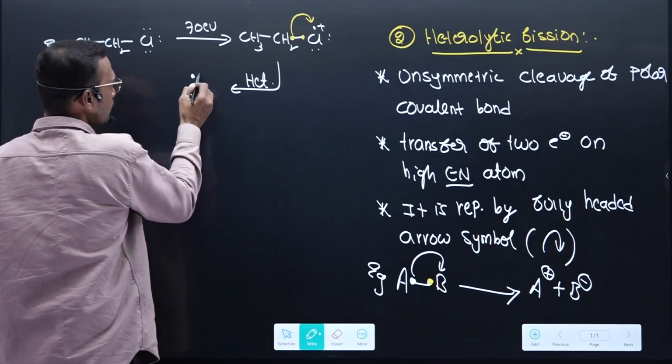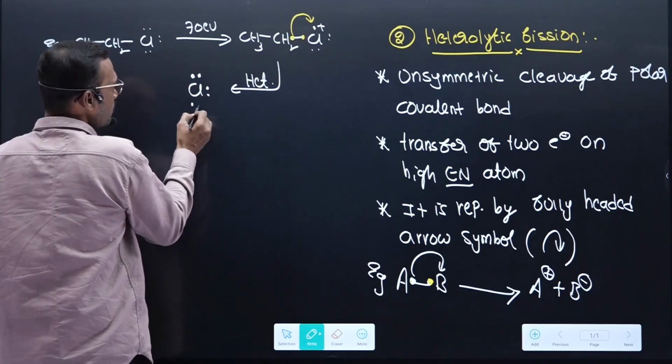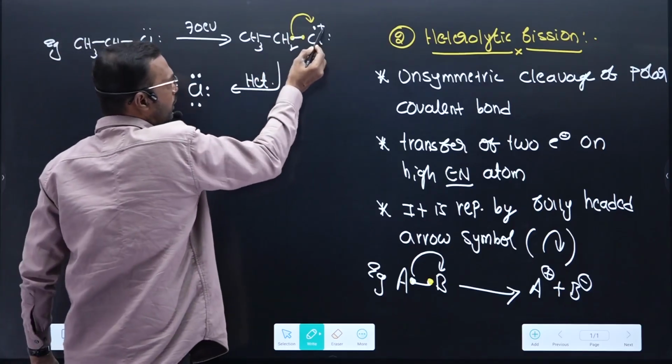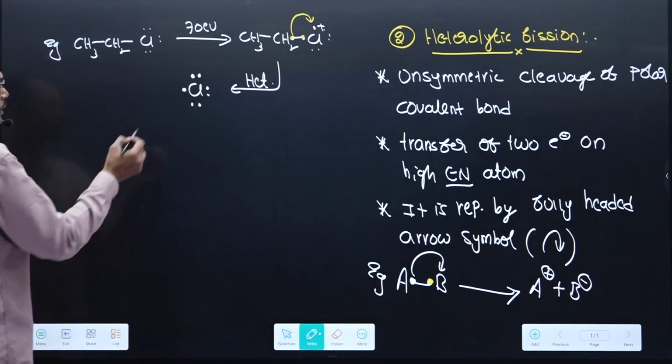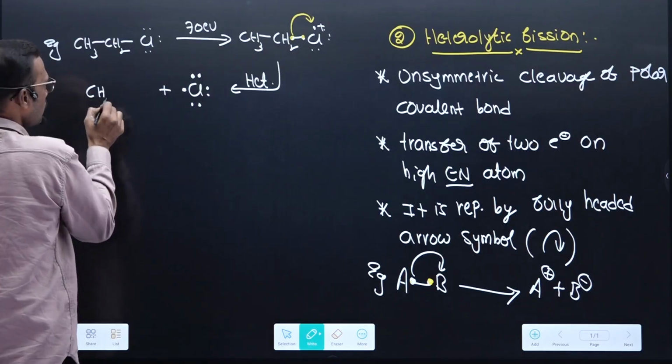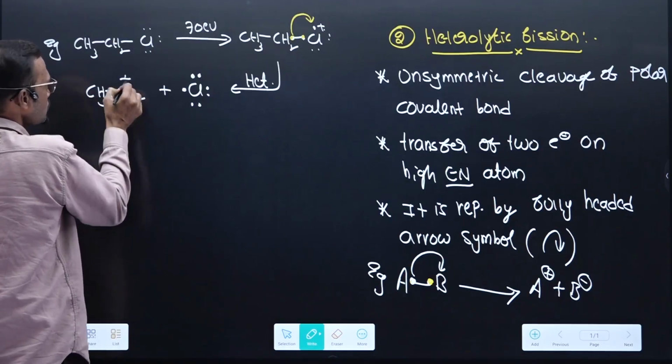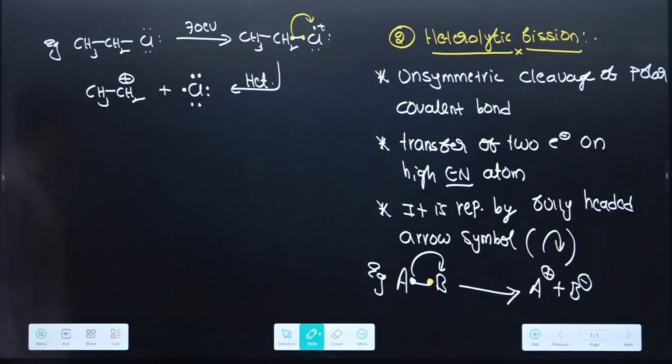Chlorine carries 3 lone pairs. This electron I am adding here, then this radical will be as usual. Then what about this side? This side you will get a carbocation, CH3CH2 plus. That's it. Clear? That is the meaning of heterolysis.